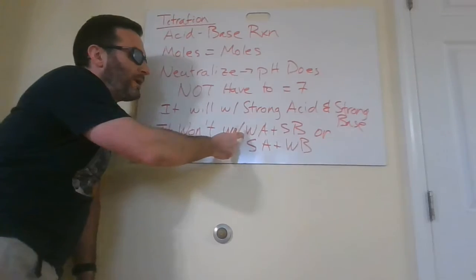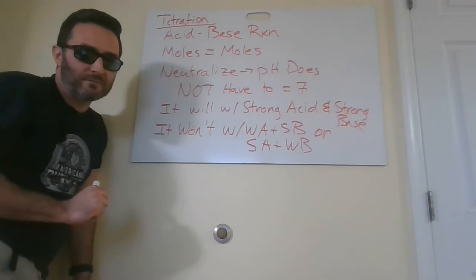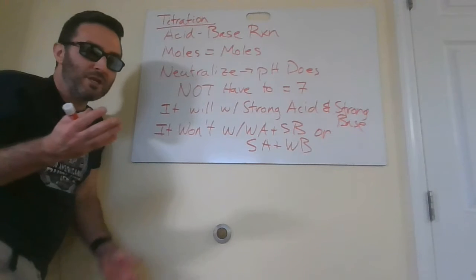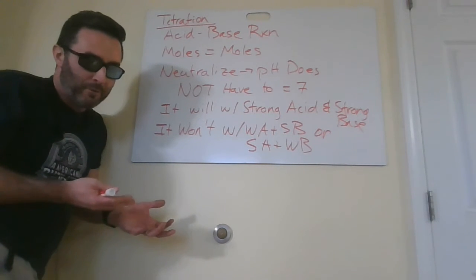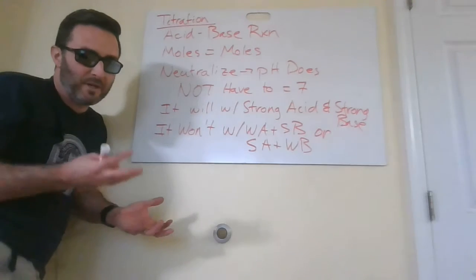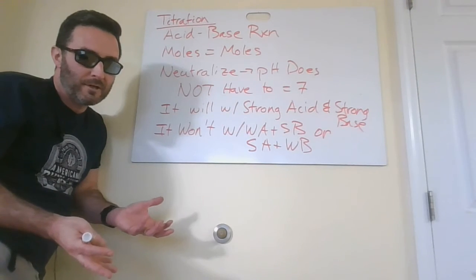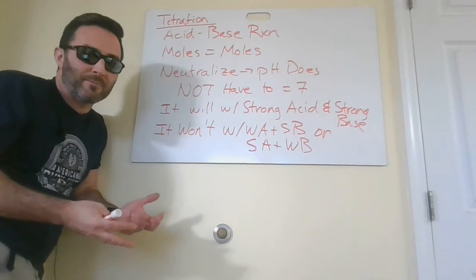If you mix a weak acid and a strong base, when you get your products, you get water, but one of your products is going to be a weak base, and that's going to do something to your solution.